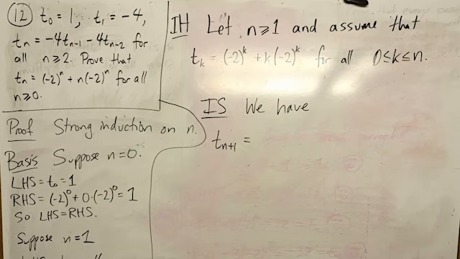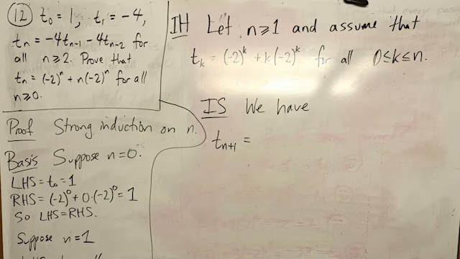Well, the thing is, n plus 1 is at least 2. And we know that if I have t with a subscript that is at least 2, I can write it in terms of the 2 previous values. That's what my recursive definition tells me.